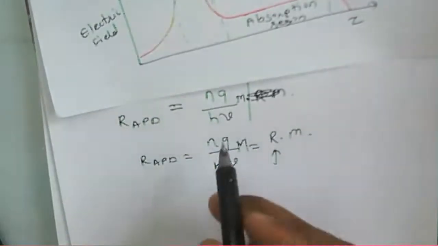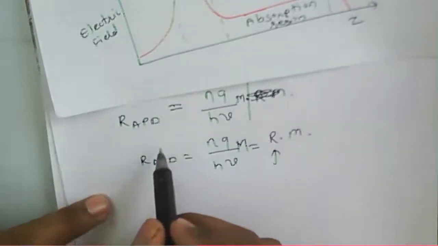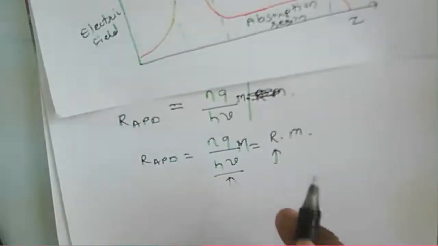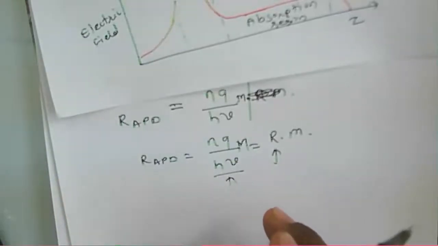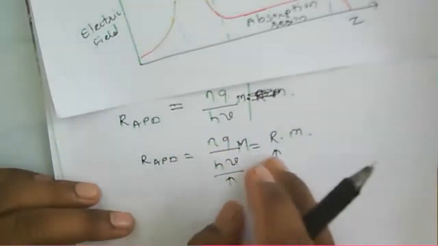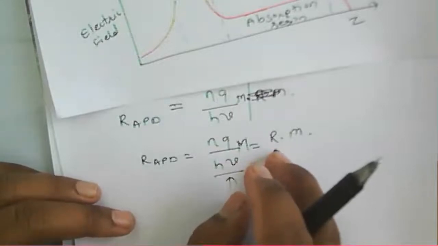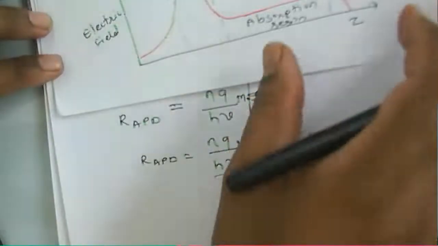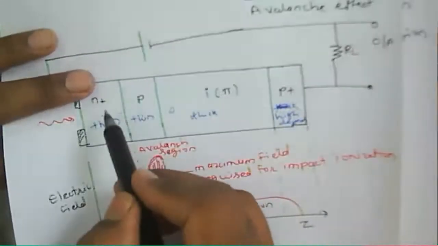If you see, this responsivity again depends upon the wavelength of the particular source, and the ionization that takes place in the given electric field, because here ionization takes place.